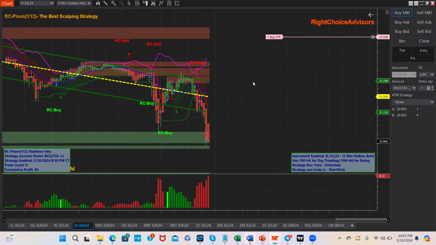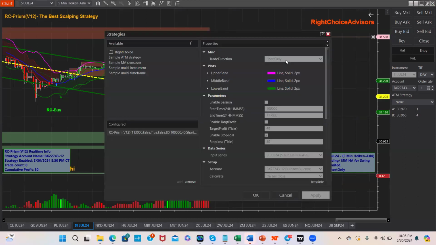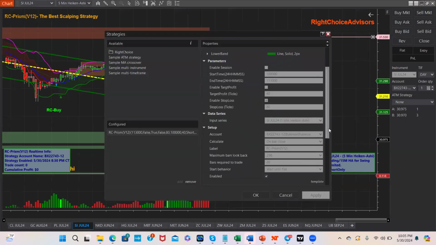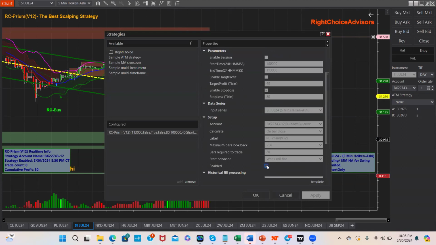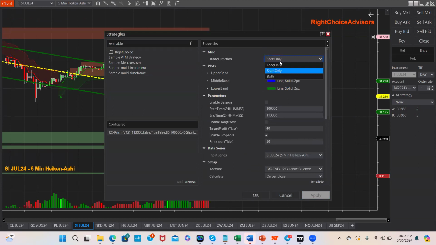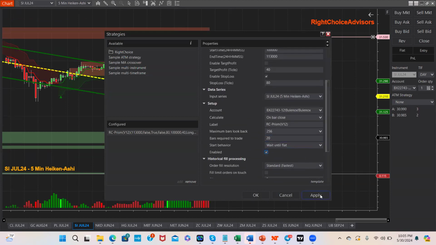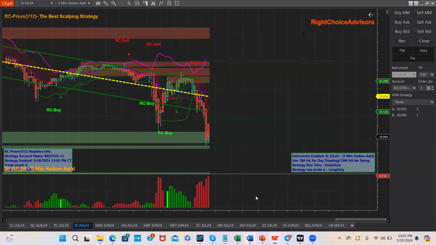So now what you can do, again, you go to strategies. That's it. Apply. Now, if it starts going up and you get a buy signal, then again it will make profits on the other side, because it came all the way down to the channel.